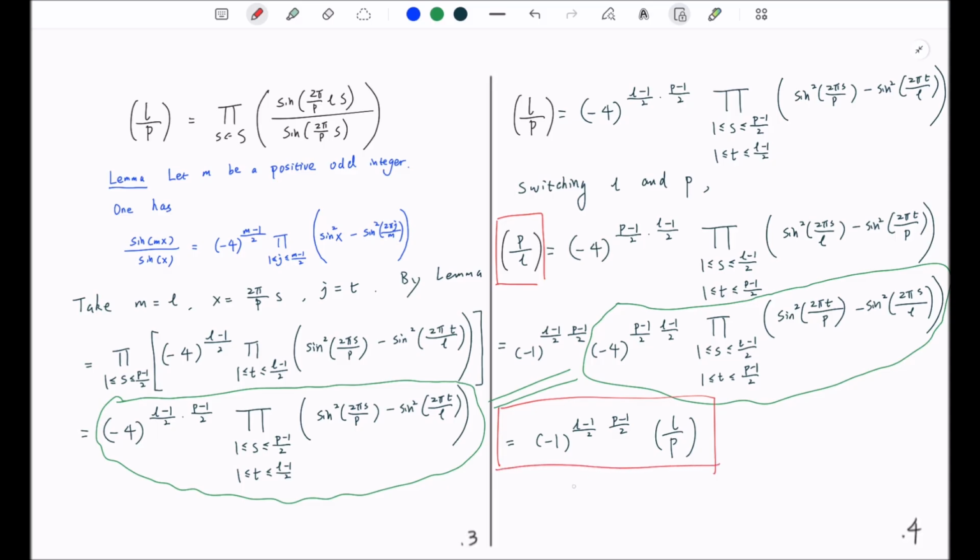So we have proved that the Legendre symbol of p modulo l is equal to negative 1 raised to the power ε(l) times ε(p), times the Legendre symbol of l modulo p. So this finishes the second proof of the quadratic reciprocity law due to Eisenstein.